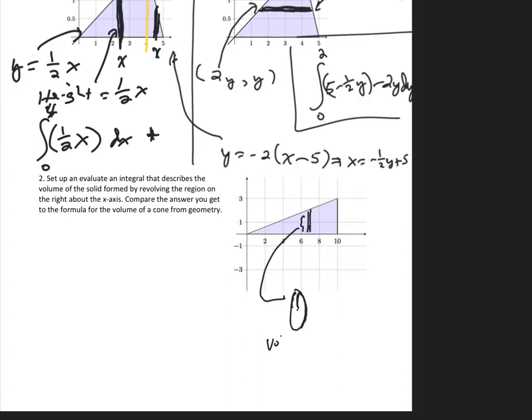So the volume of one slice is pi times the radius squared times the thickness. The thickness is going to be dx, or delta x, and the radius is just the height of that stick. And so knowing how high this is is all I need to know to label that radius.